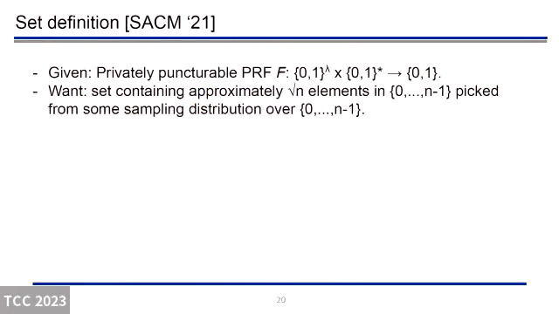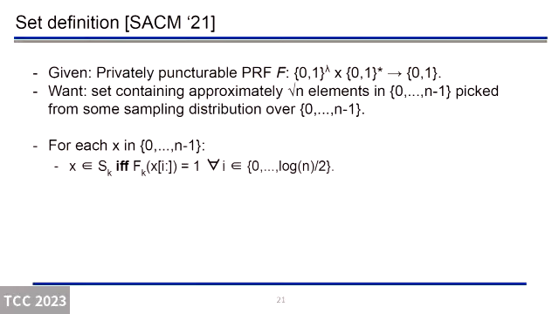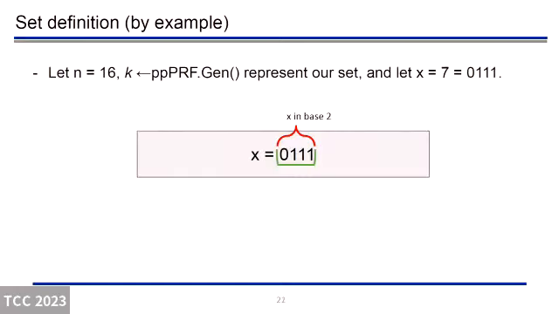And so using this, we're going to construct sets of approximately square root of n elements in 0 through n-1, picked from some sampling distribution. Our initial attempt is as follows. For each x in 0 through n-1, we say that x is a part of the set defined by this PRF key k if and only if f(x[i:]) equals 1 for all i in 0 to log n over 2. This definition can be a lot to wrap your head around at once, but a simple example makes it clear.